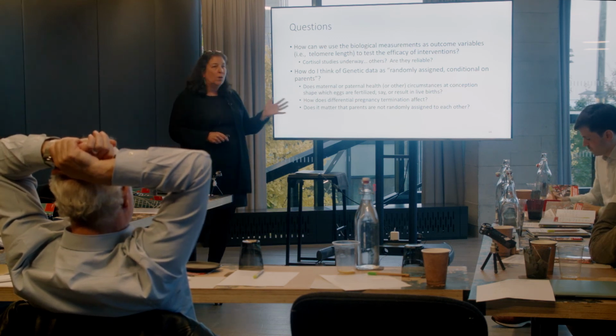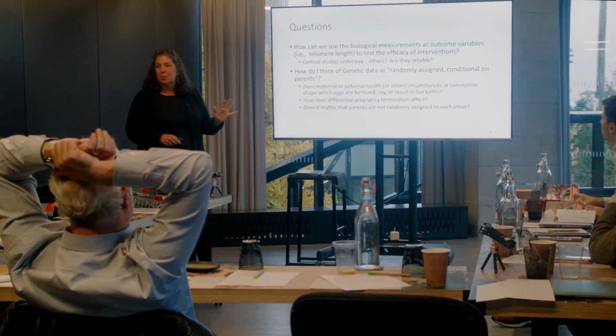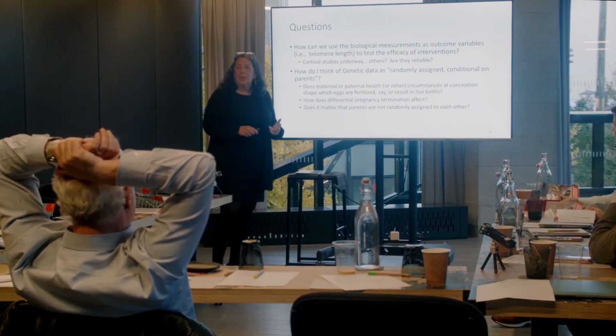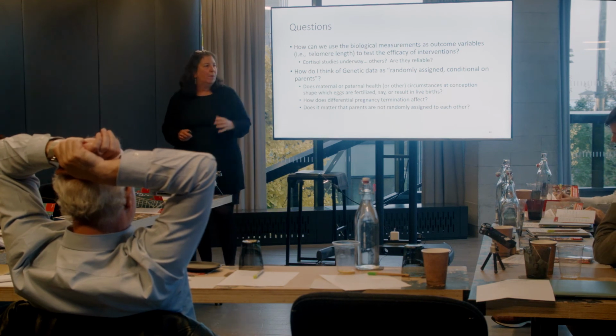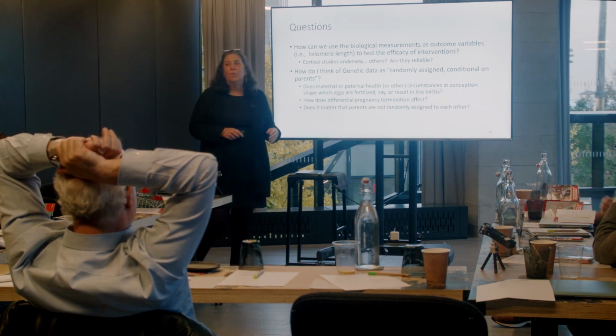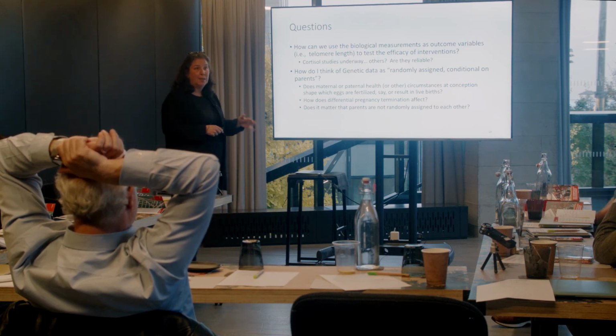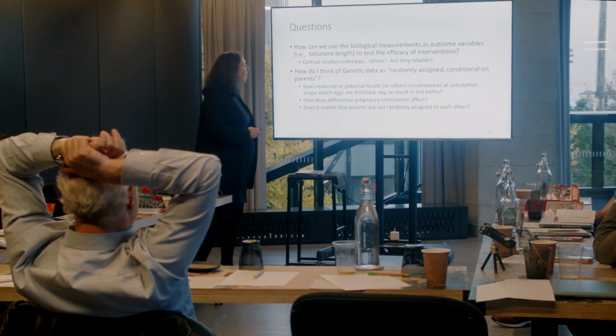I understand cortisol studies are already underway in various places. Maybe I'm wrong, but that would be really useful to know something more about. Are these ultimately going to be helpful to capture aspects of kids' responses to things as outcomes, as compared to just as control variables? I promised I was going to ask you about this.